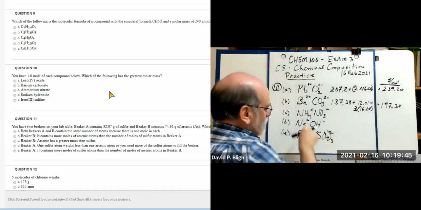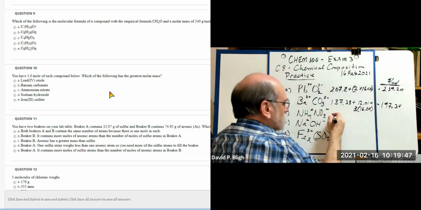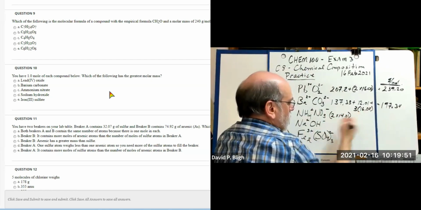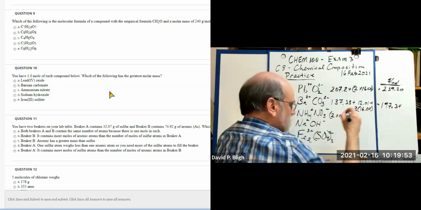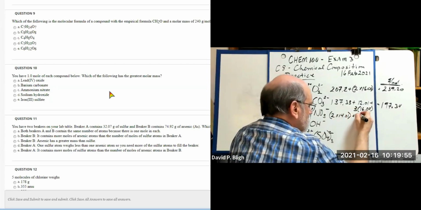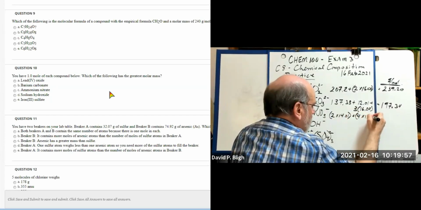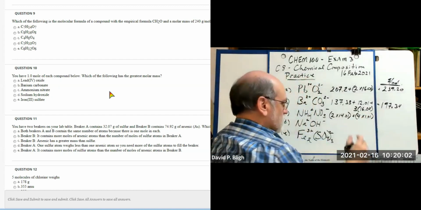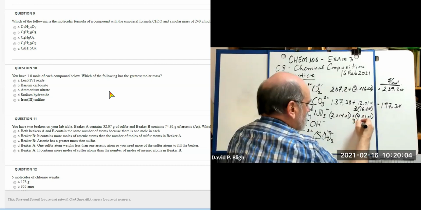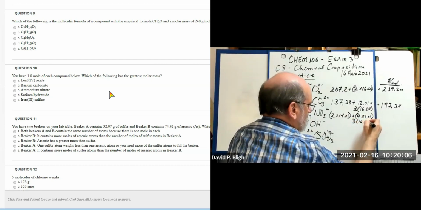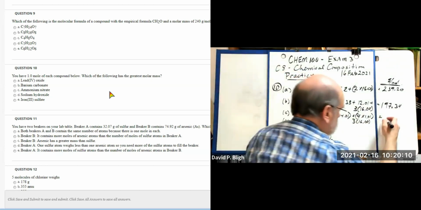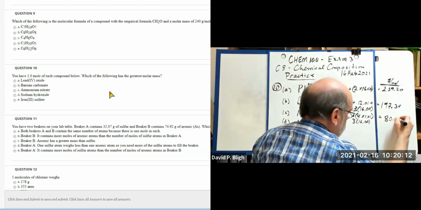Ammonium nitrate. We have 2 nitrogens. Right? And we have 4 hydrogens. And we have 3 oxygens. For a total of 80.06.